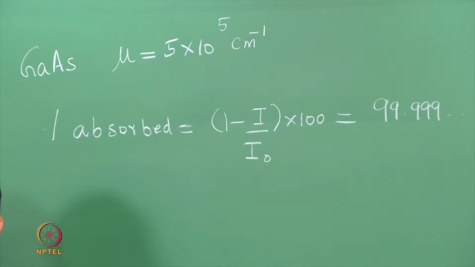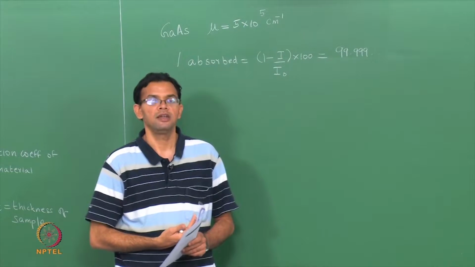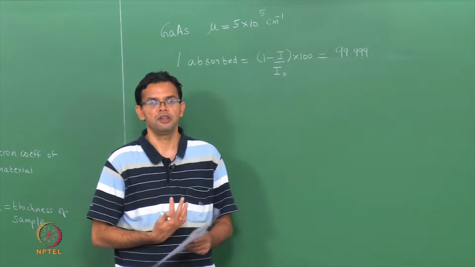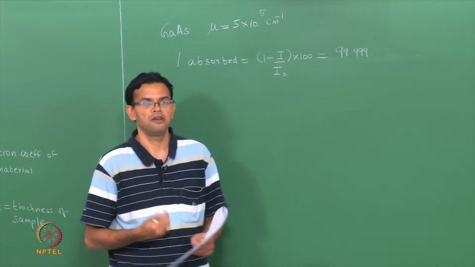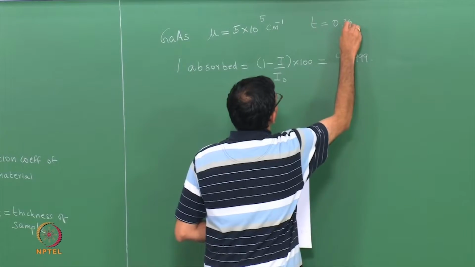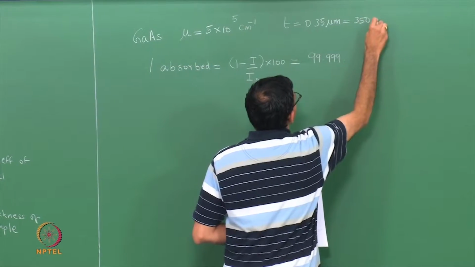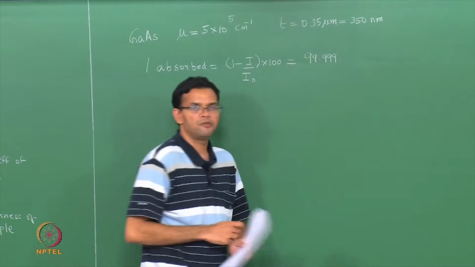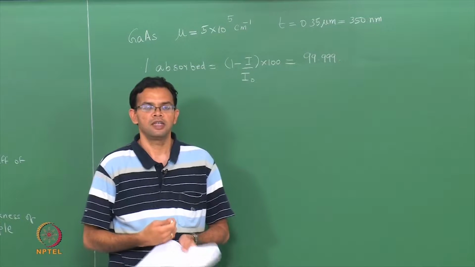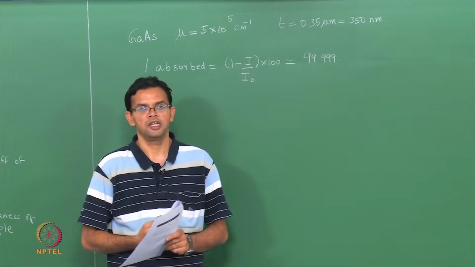This means when you shine light of 2 electron volts on a sample of gallium arsenide only 0.35 micrometers thick, which is just 350 nanometers, almost all the light is absorbed. So, gallium arsenide is essentially opaque to this radiation.